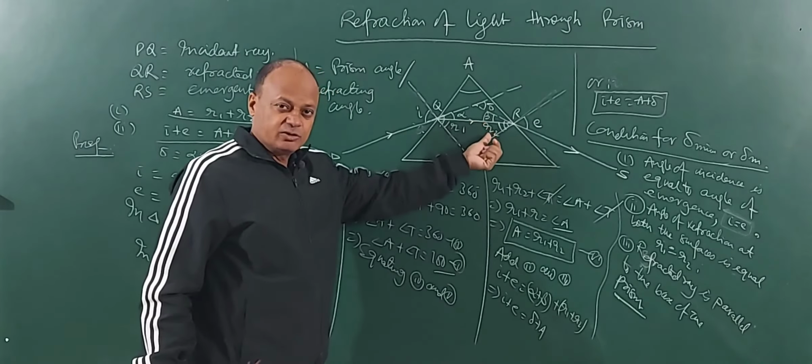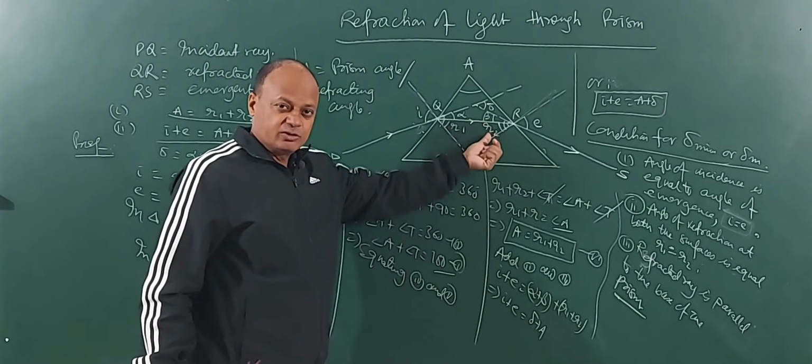Since we already discussed the condition for angle of deviation to be minimum, now we will try to seek a relation between the refractive index of a prism and the angle of minimum deviation. Let's say here you have a prism, and a light is incident here, refracts and then emerges. Here we have the direction of the incident ray and here the direction of the emergent ray.